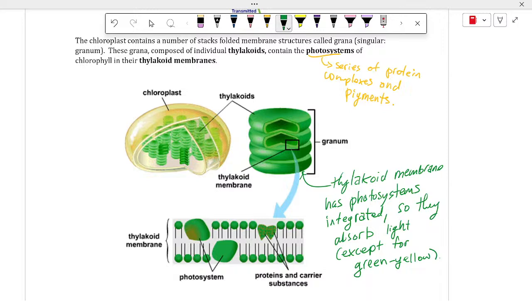And again, the truth is that chlorophyll doesn't do all the work. There's also carotenoids and things like that. We call those antenna pigments, but we'll get to that.